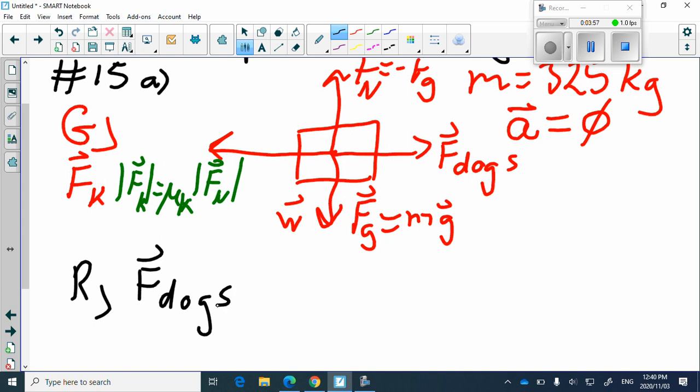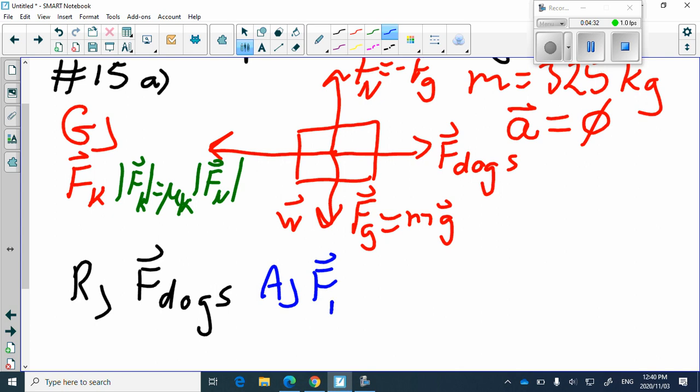Okay. Now listen to me carefully. These section 3.4 type questions, which we call complex dynamics questions involving friction. Okay. Listen to this carefully. The way you start this type of problem is always the same. Analysis.